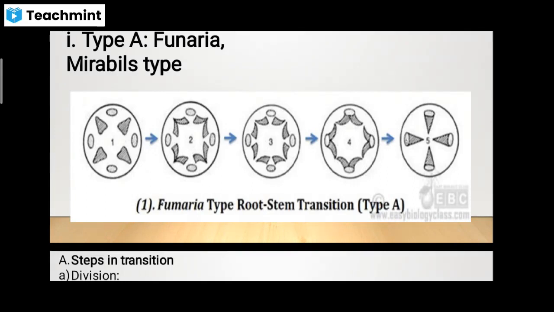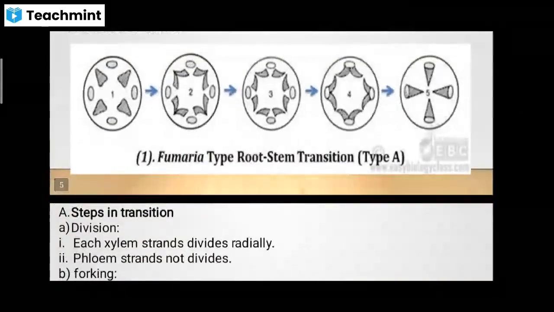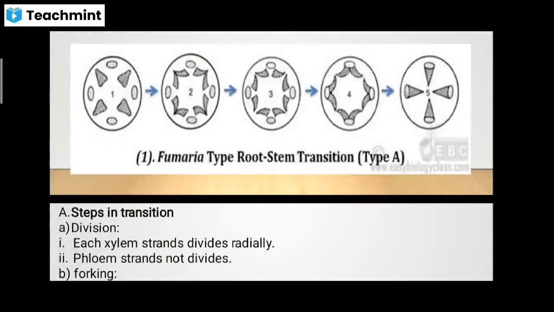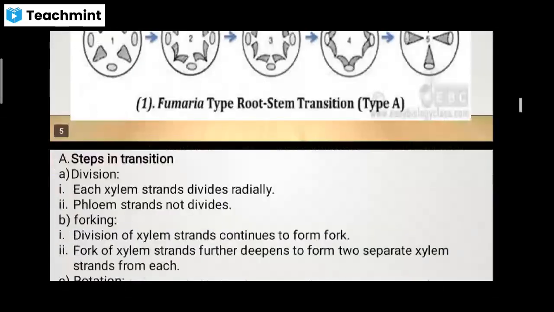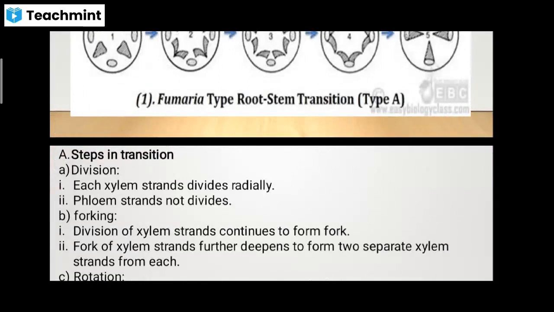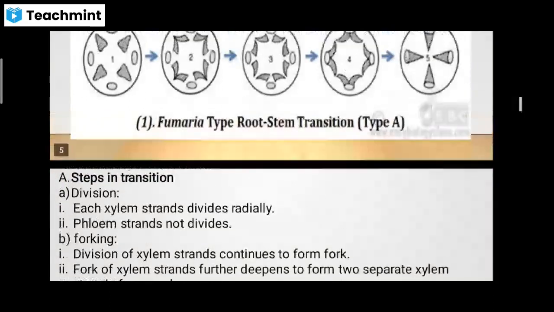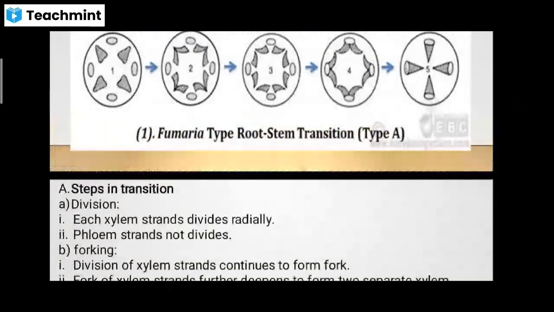In the different steps that take place, first division takes place, then forking takes place. Due to forking, the xylem strands are differentiated. Then rotation takes place. Due to this rotation, exarch xylem is converted into endarch xylem.